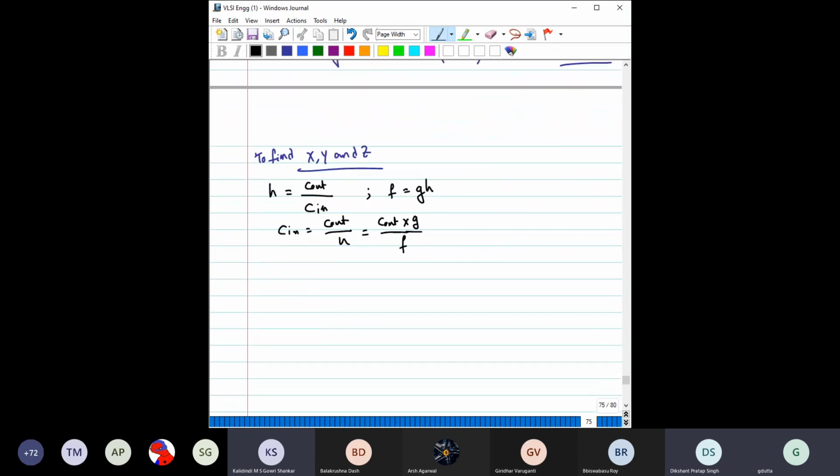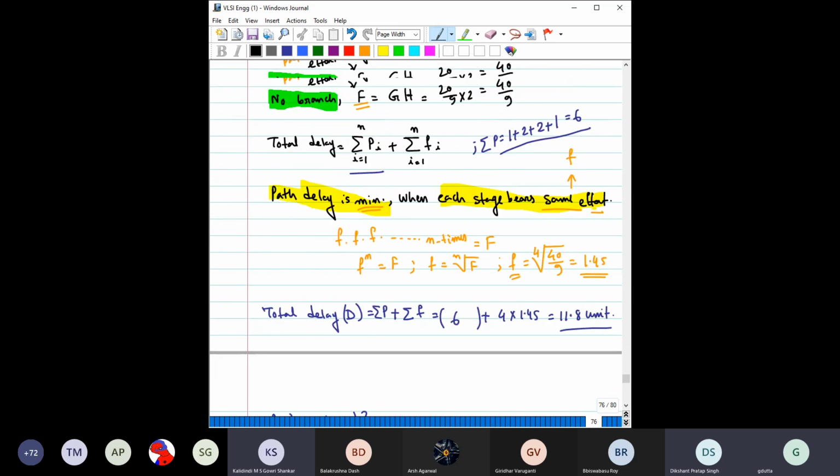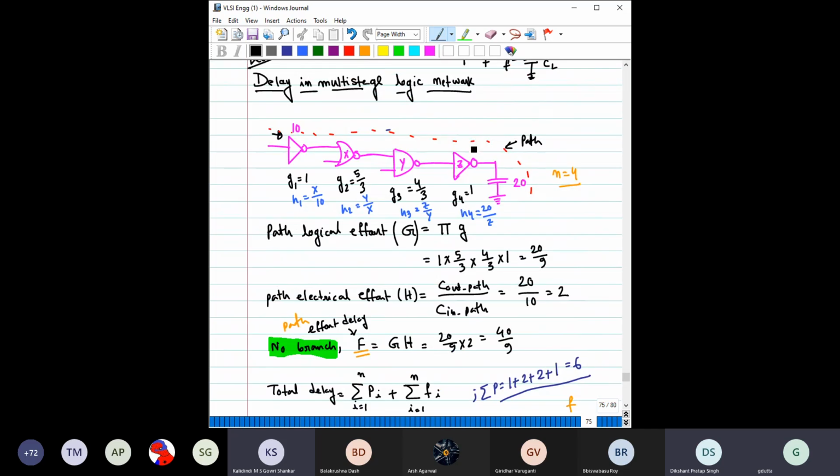So we know C out, we know G, we know F for the last gate. And if we know all these things, we can find the value of C in. And what is C in? C in is nothing but the sizing of this gate, right? That's what I told you. Here this 10 means the total capacitance offered by this inverter.